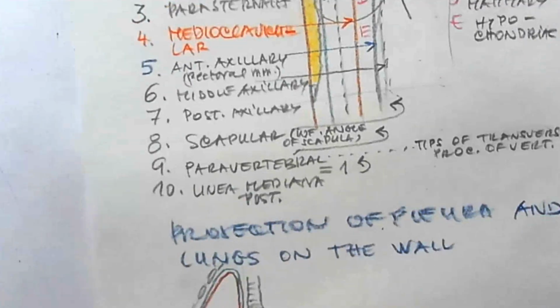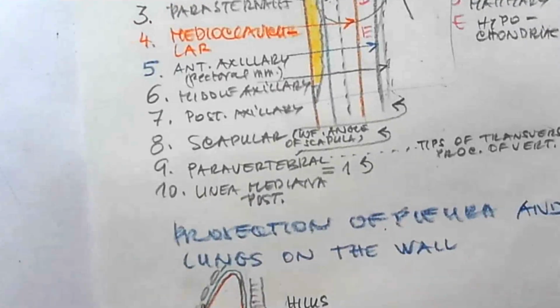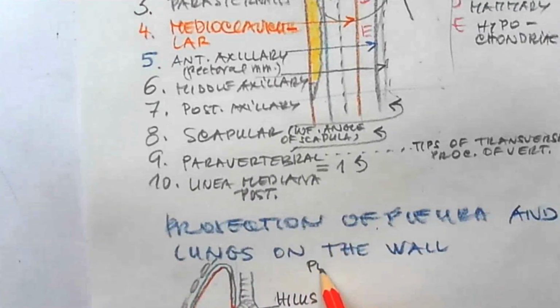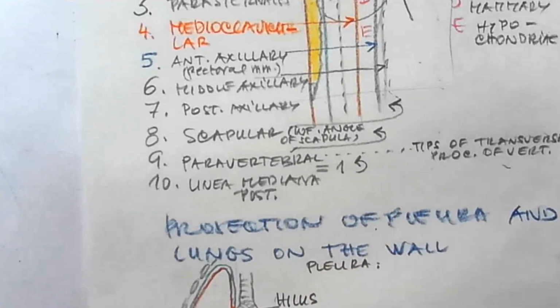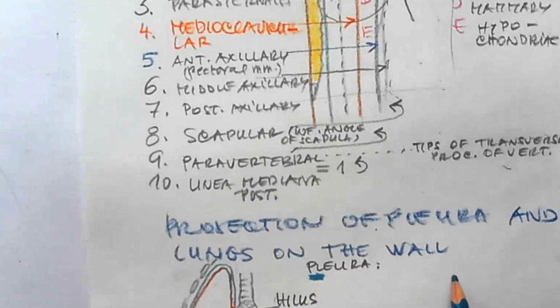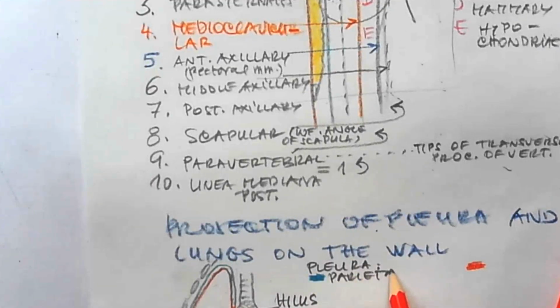This area, of course, is called hilus or hilum. Repeating the colors, the pleura in blue is the parietal, and in red, visceral. So parietal, and that one is visceral, correct.